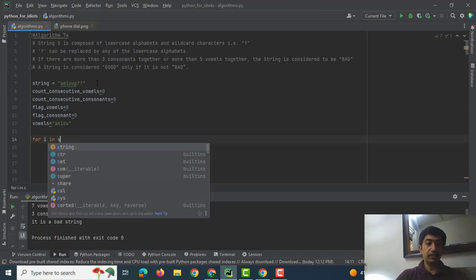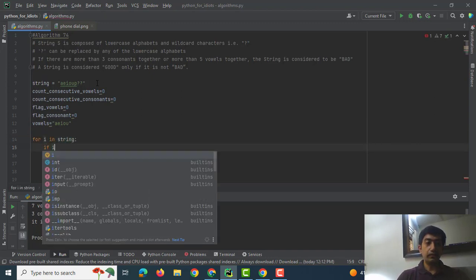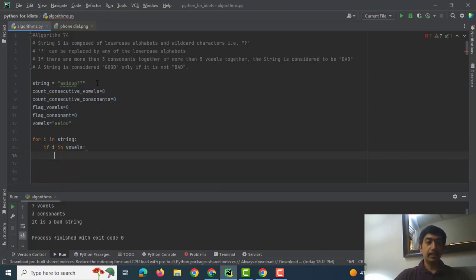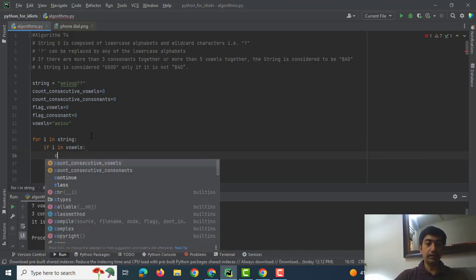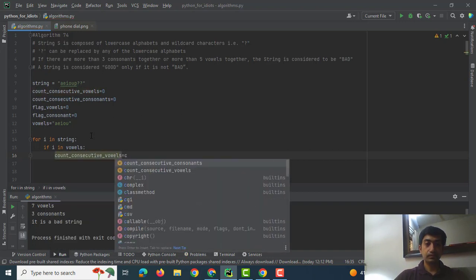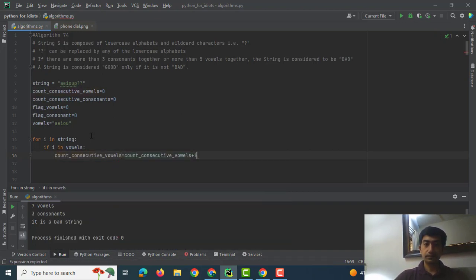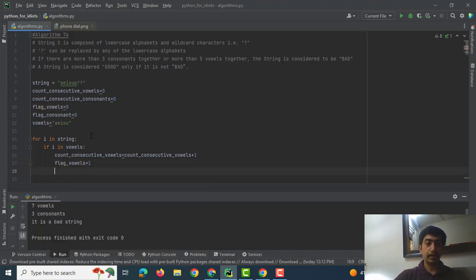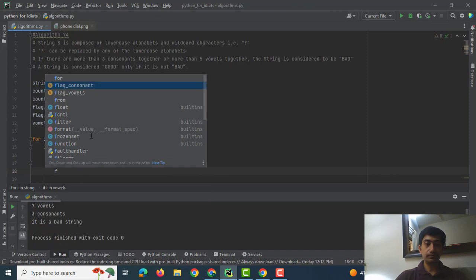For i in string, if i is a vowel, if i in vowels, then increment the count consecutive vowels by 1. Update the flag vowels to 1 and flag consonant to 0.